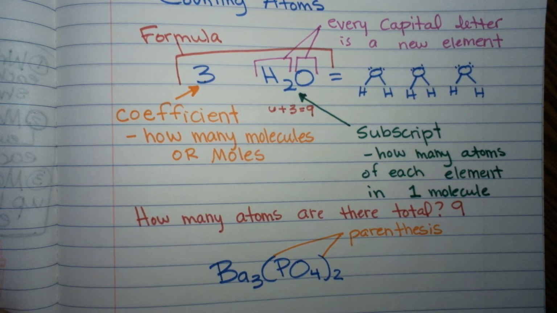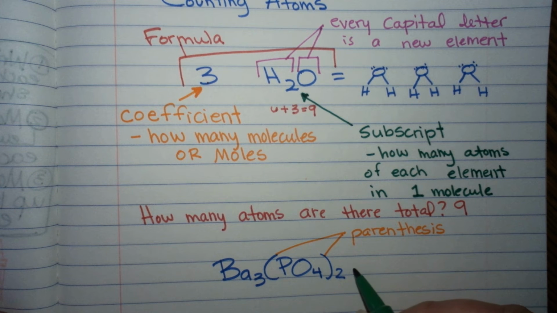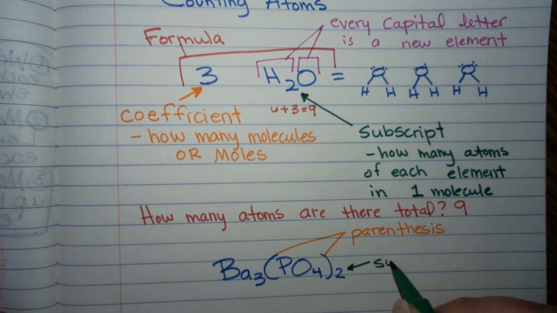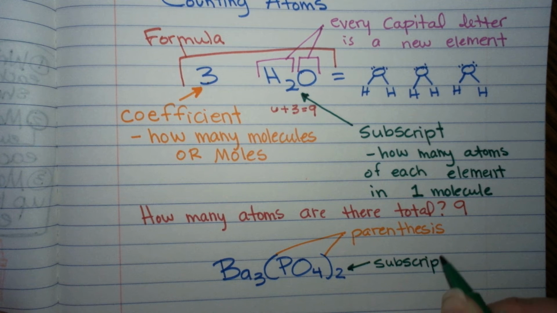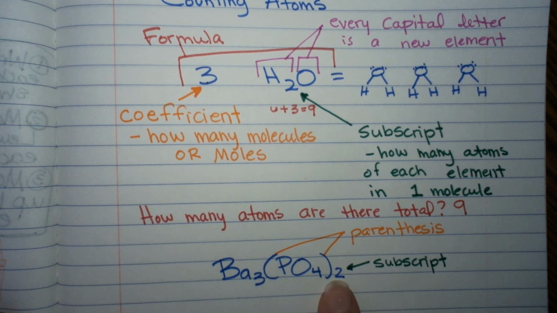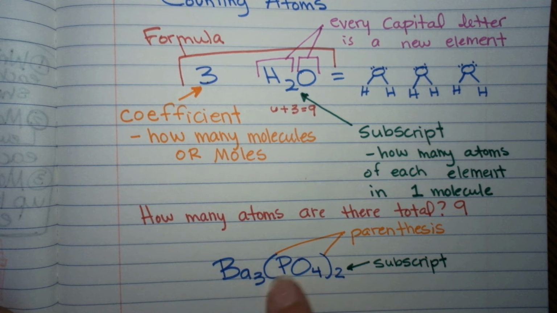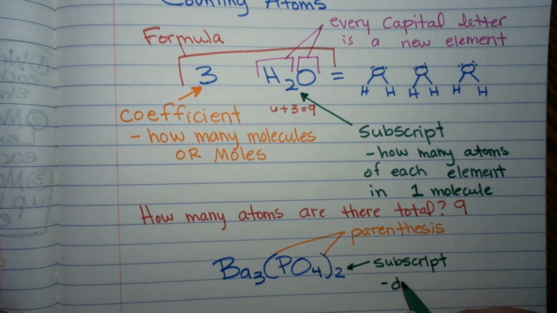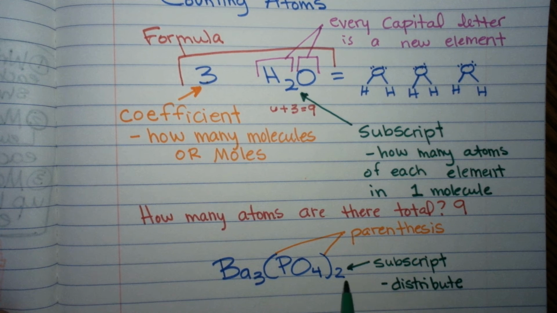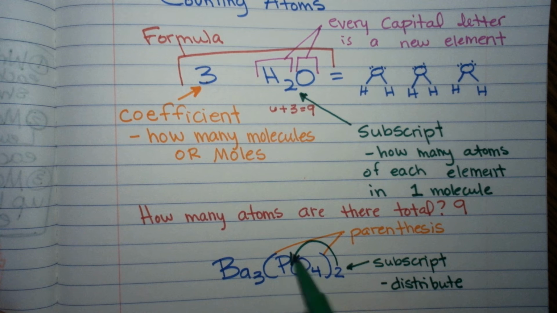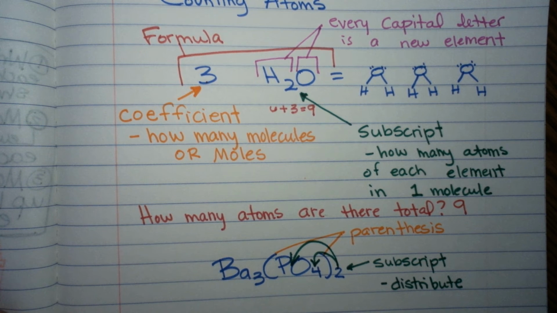But we also have this subscript on the parentheses. When we have a number outside the parentheses in math, what do we do with it? Yeah, we distribute. So we're going to use that same thinking to distribute the subscript on the parentheses across the part of the molecule that is inside the parentheses.